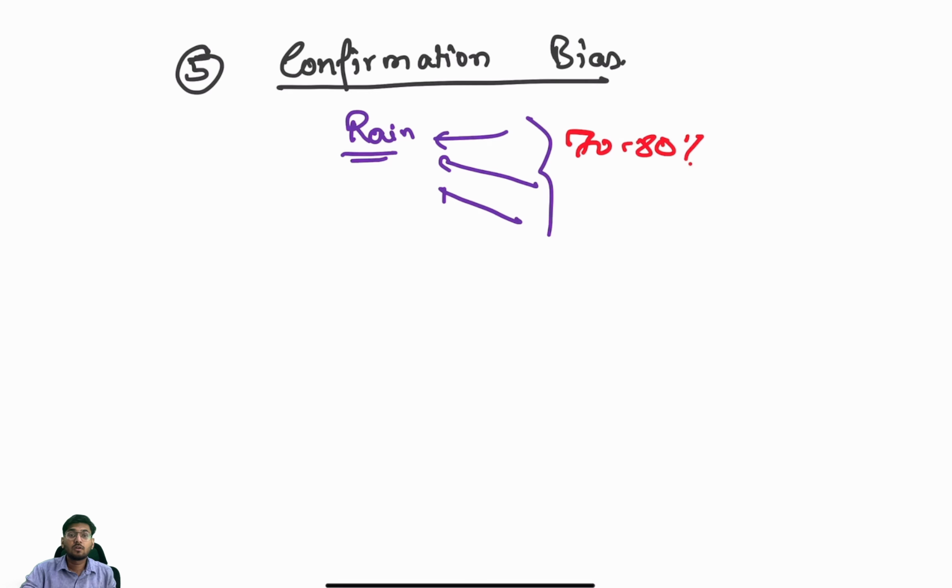Now, how can you fix it? First of all, you have to intentionally read reports from other analysts who disagree with you, see on what points they disagree, and see whether those points are justified or not. Ask colleagues who are neutral, neither buy nor sell, neither bullish nor bearish, to challenge your thesis, to challenge your opinion.